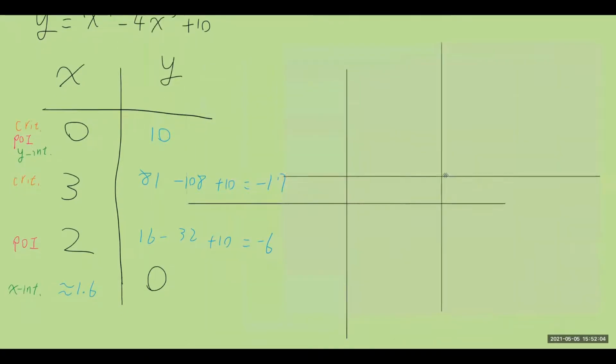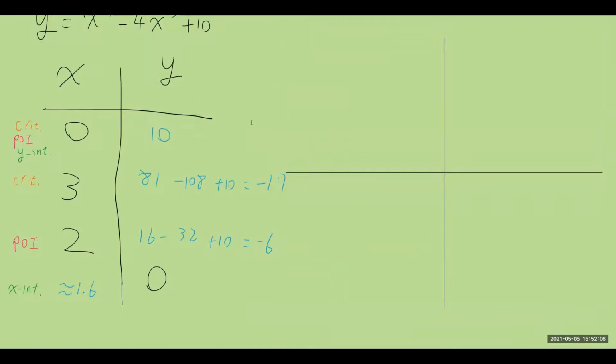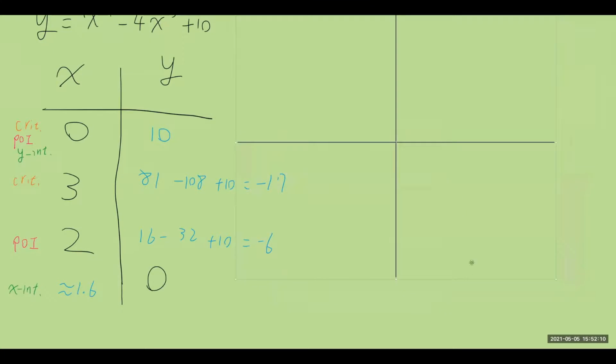Let's plot those points first: 0, 10. So let's do 5 and 10.